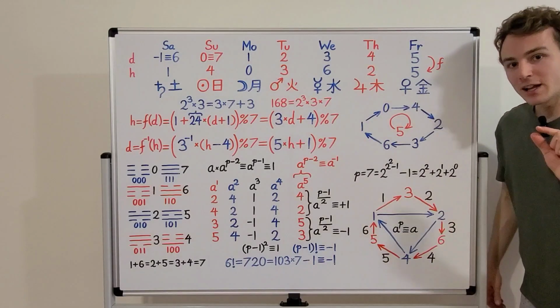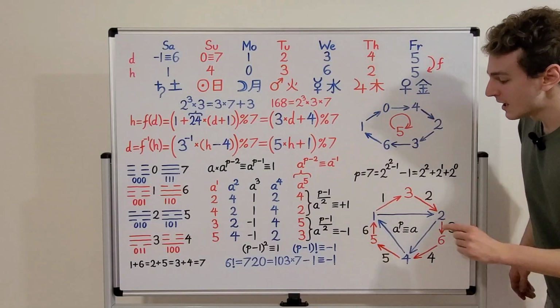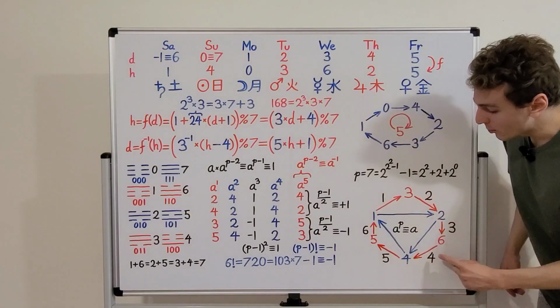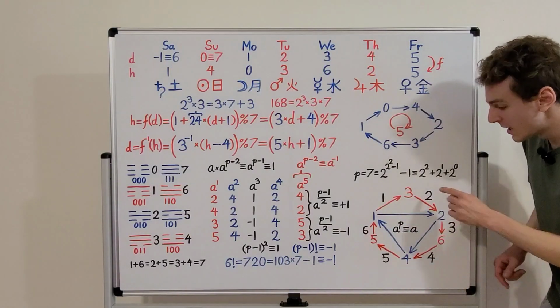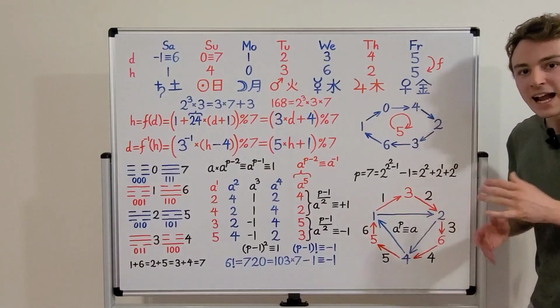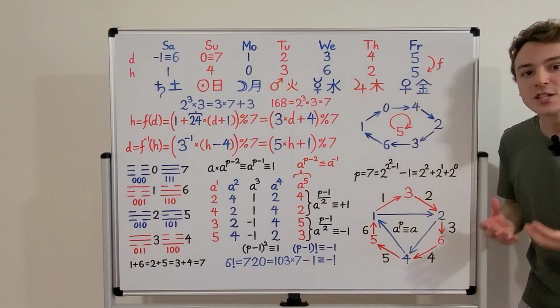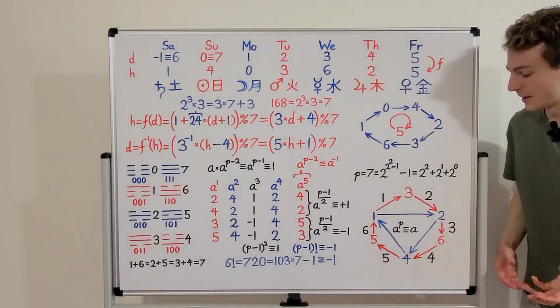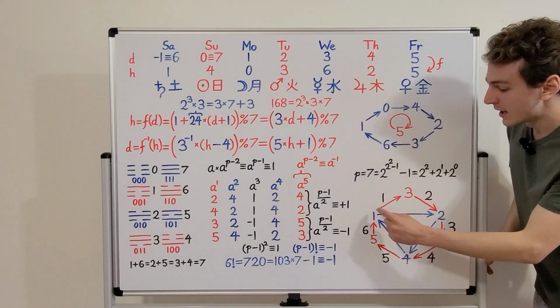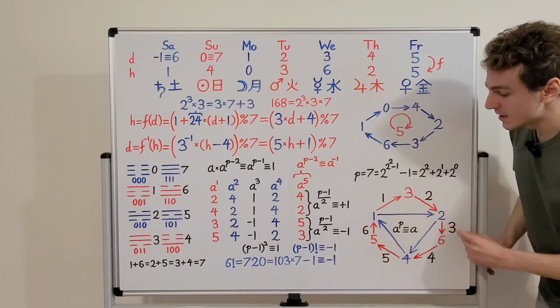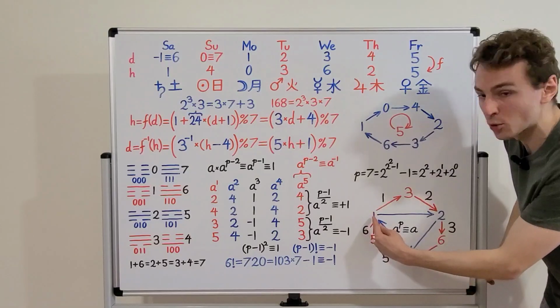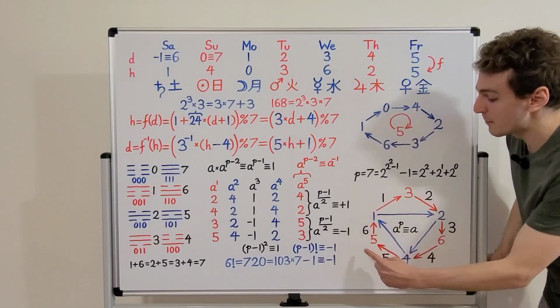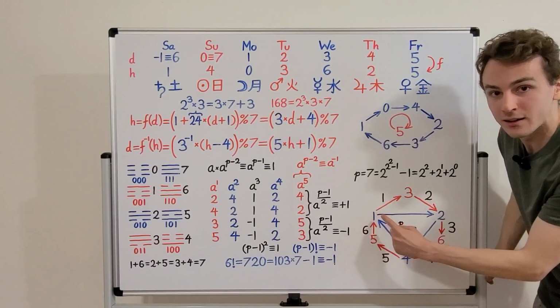And another interesting thing that we can identify is that these numbers above the arrows, we can call them indices. So we can say that this is the index over here. And another term that we can use is the discrete logarithm. So if we have 3 and we raise it to the power of 6, that gets us back over here to 1. So 3 to the power of 6 is 1.